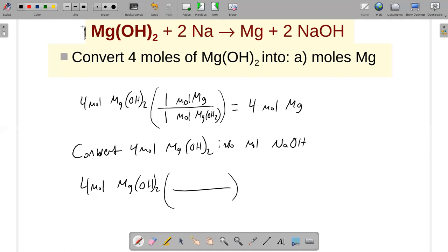It is understood to be a 1 out front. And for every 1 magnesium hydroxide, there are 2 sodium hydroxides, NaOH. 4 times 2 is 8 NaOH.